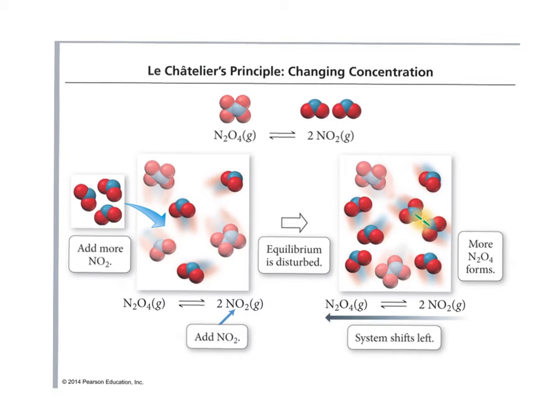So here's kind of a more complicated way to describe all that, right? If you were to add more NO2 to this system, it would have to redistribute. And that redistribution would cause the system to shift to the left, and that shift to the left would create more N2O4 and less NO2, and it would get back to a point where the K was satisfied again.